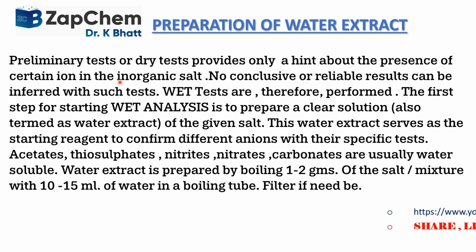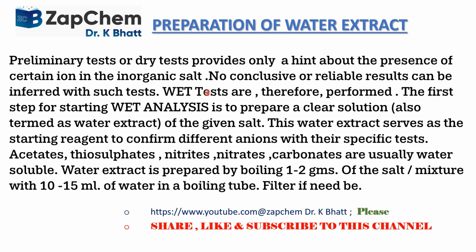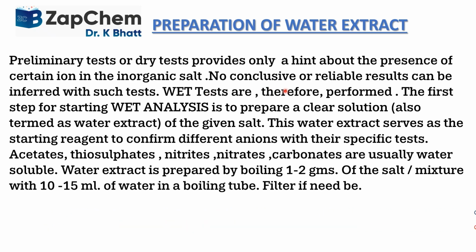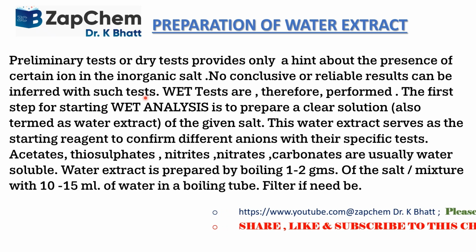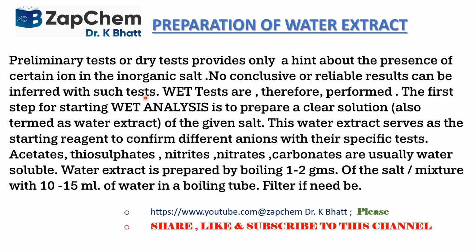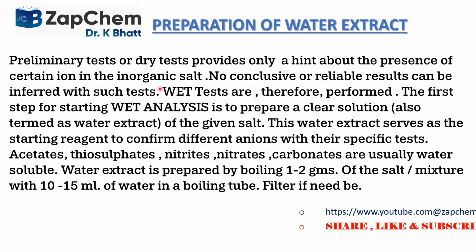These preliminary tests provide only a hint about the presence of a certain ion in an inorganic salt, but no conclusive or reliable results can be inferred from such a test. We get an idea that this ion is there, but we can't say it for certain. It is not a conclusion, and we can't say that it has been confirmed.